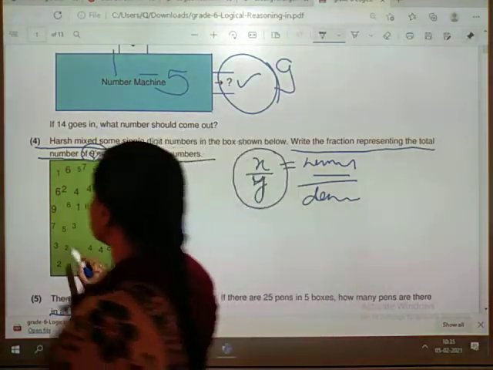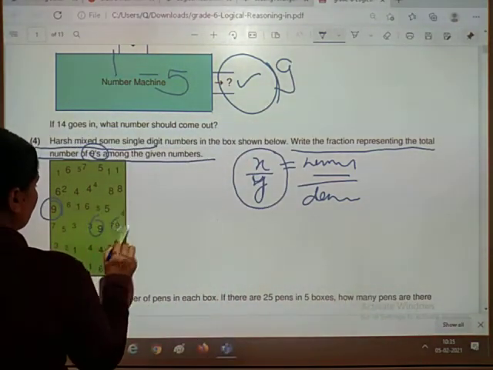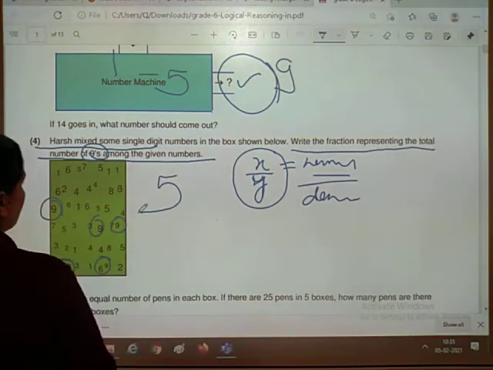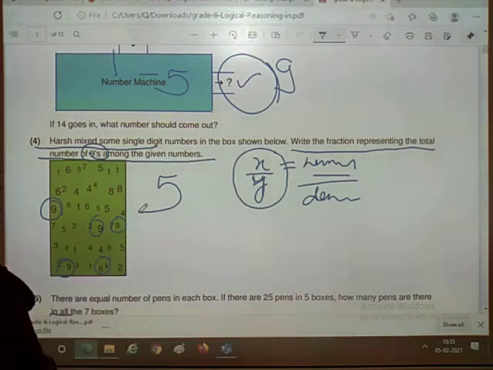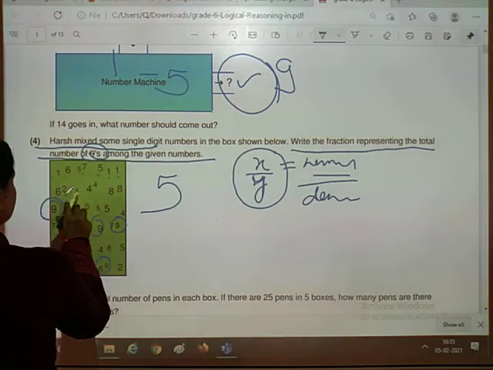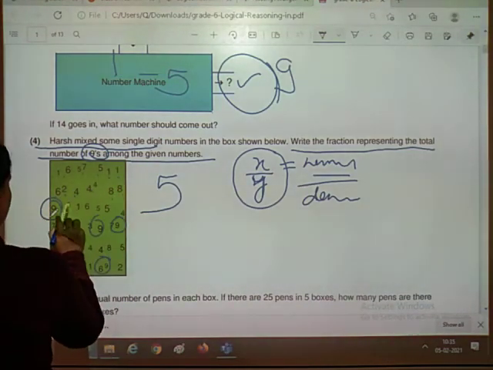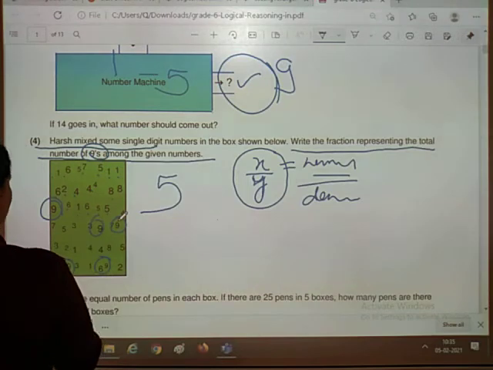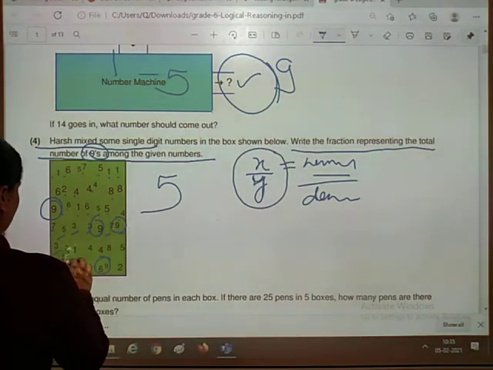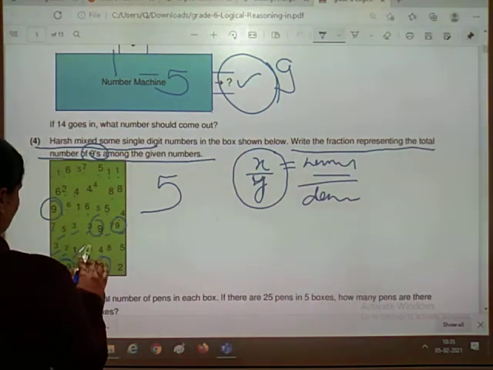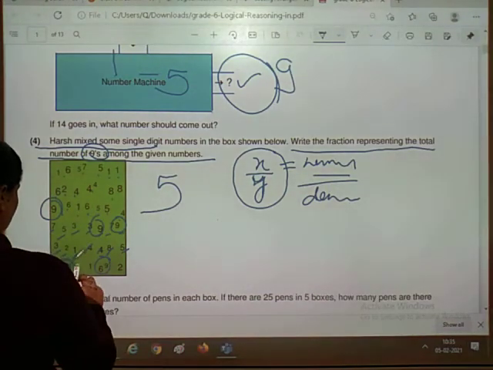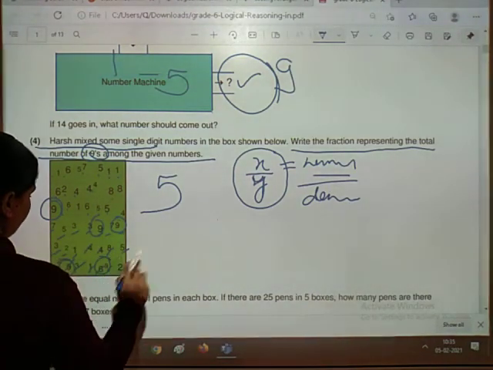How many nines are there? You see 1, 2, 3, 4 and 5. There are 5. And how many numbers are there in total in the box? 1, 2, 3, and so on up to 42.